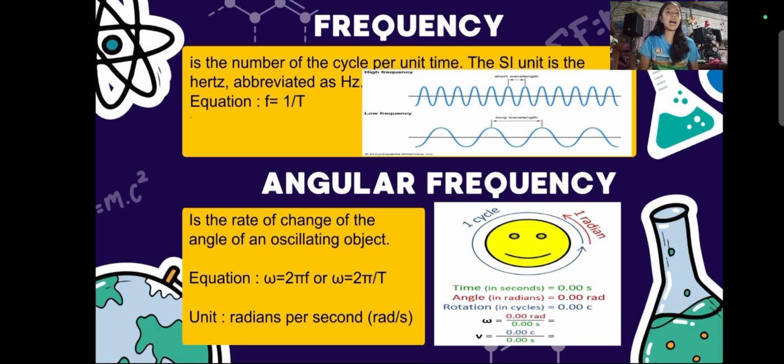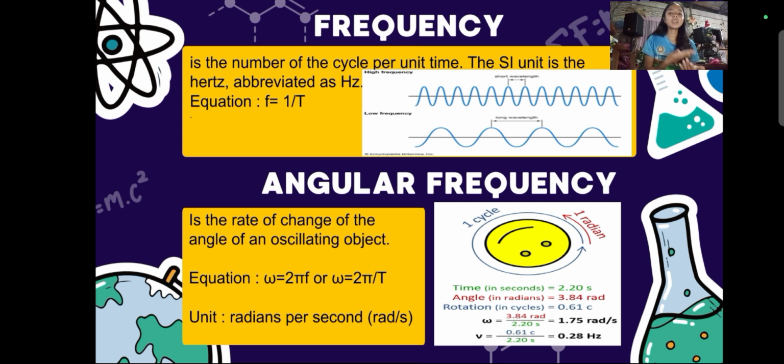And then next is the angular frequency. It is the rate of change of the angle of an oscillating system. It is represented by the Greek letter omega, which looks like a w, and it measures how fast an object oscillates in terms of angle per second. It is calculated with the formula omega equals 2 pi f, or omega equals 2 pi over T. The unit for this is radians per second.